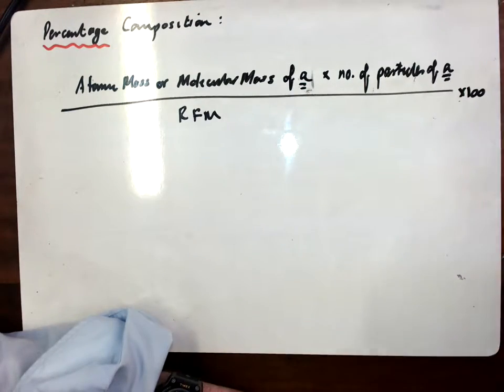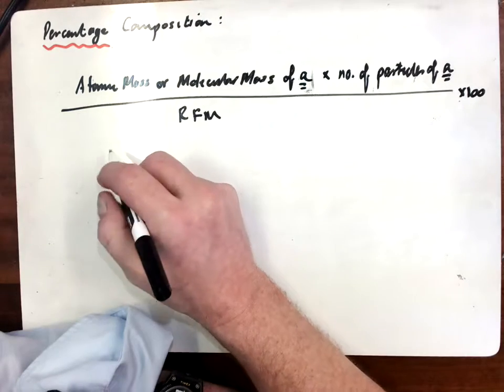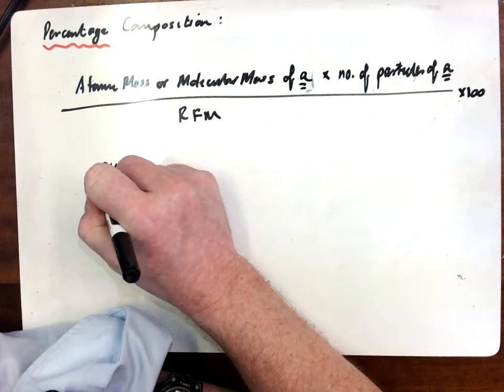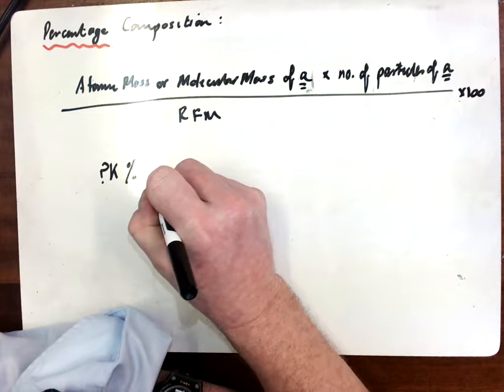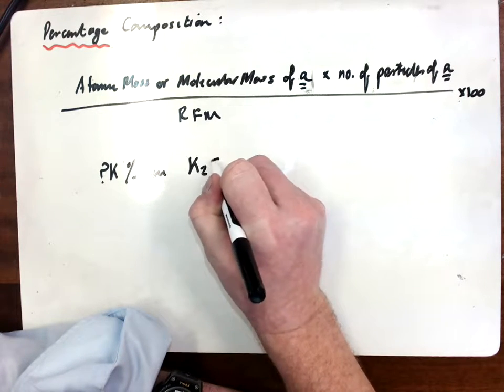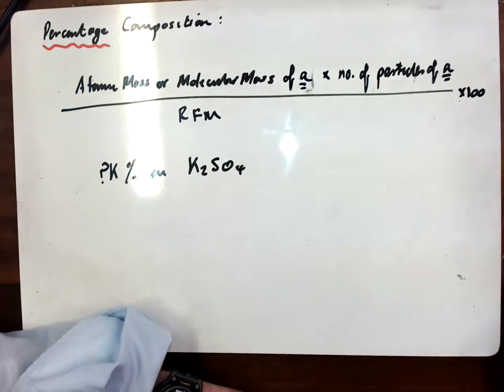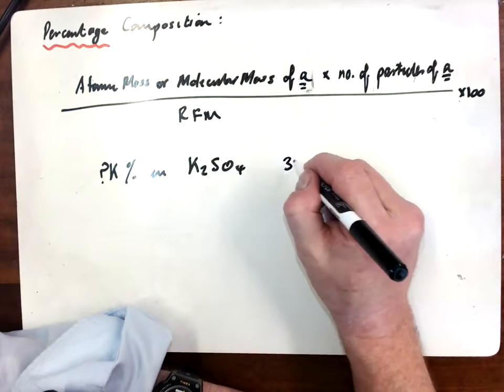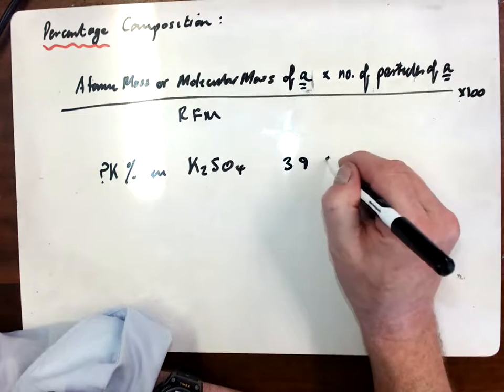Take one a little bit more difficult. If we took the percentage of potassium in potassium sulfate. Again, we need to find the atomic mass of potassium. In the periodic table it is 39.